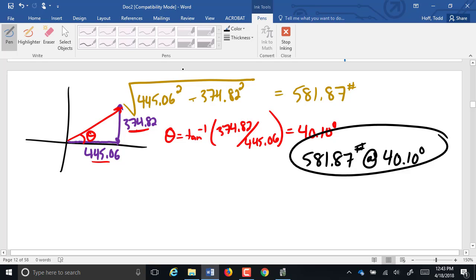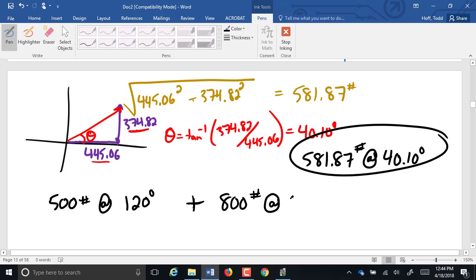Let's do an example that might not be quite so bad. We are going to add 500 pounds at 120 degrees to 800 pounds at 210 degrees.